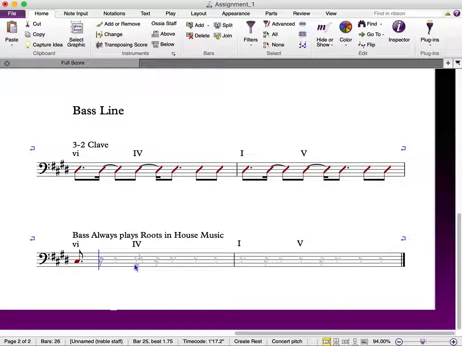So the root of the 4 is going to be an A. I'm following that rhythm above. And then up to the 1.